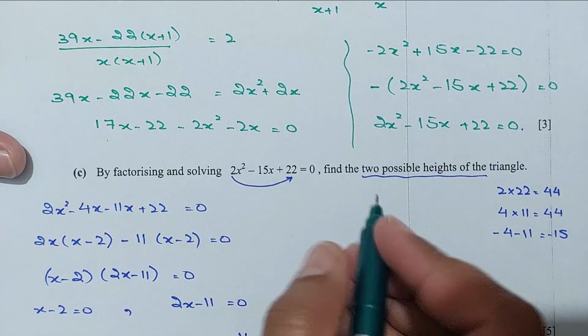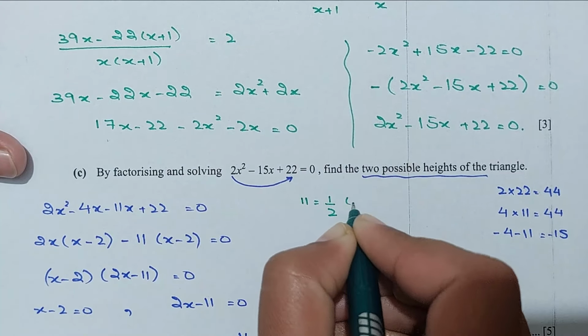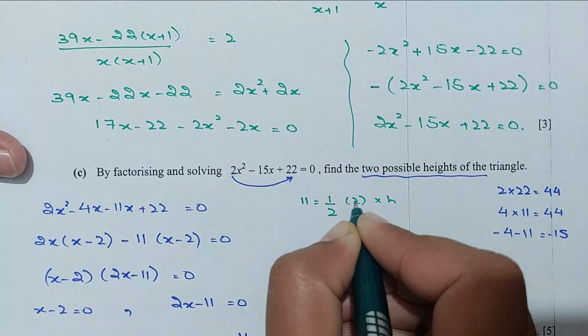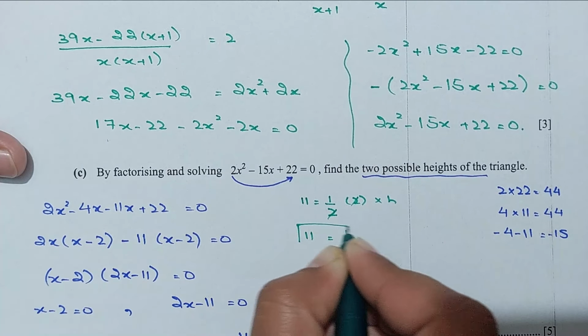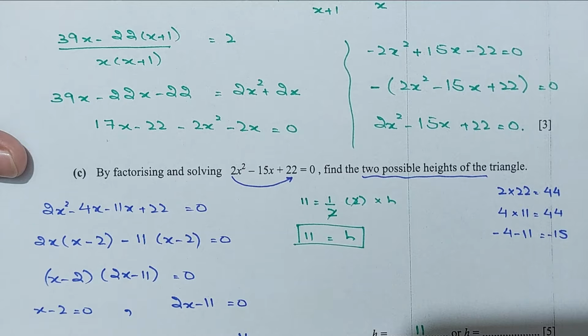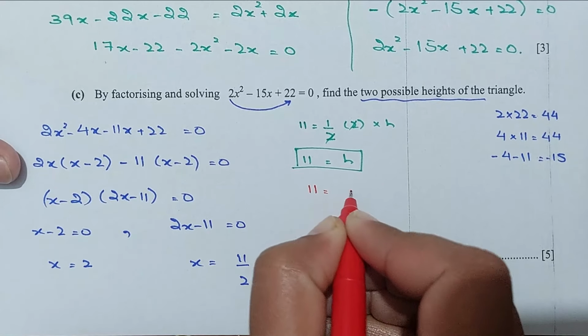Area is 11, which is half, base is 2, let's say, times the height. So the 2 cancels out. So 11 is the height. The first approximation is 11. Okay, use the second approximation. Area of the triangle is 11, which is half.